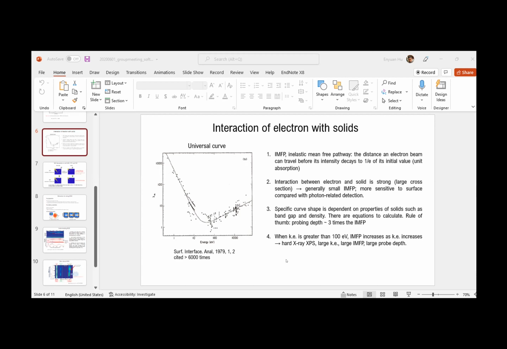I don't know, that's my honest answer. But I remember when I was doing my PhD, I came across some papers discussing using the electron yield mode to detect the very surface. As I mentioned, when using the electron yield mode, we can also differentiate the kinetic energy of the electron. That's why sometimes we have PEY, where we select the electron energy within a certain range, so it's partial.